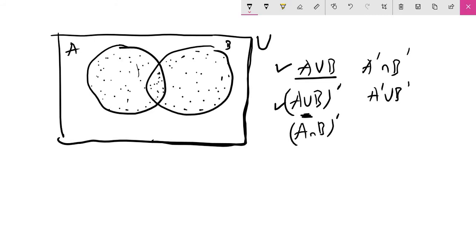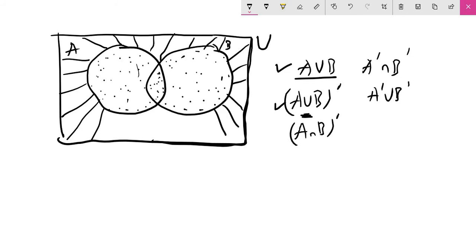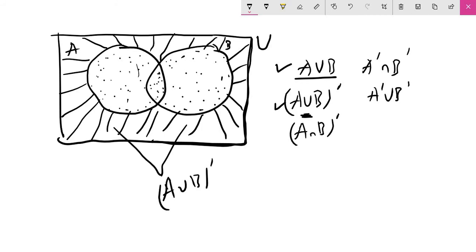So the whole entirety of this area, everything outside of A and B, is A union B complement. So the shaded region is A union B complement.